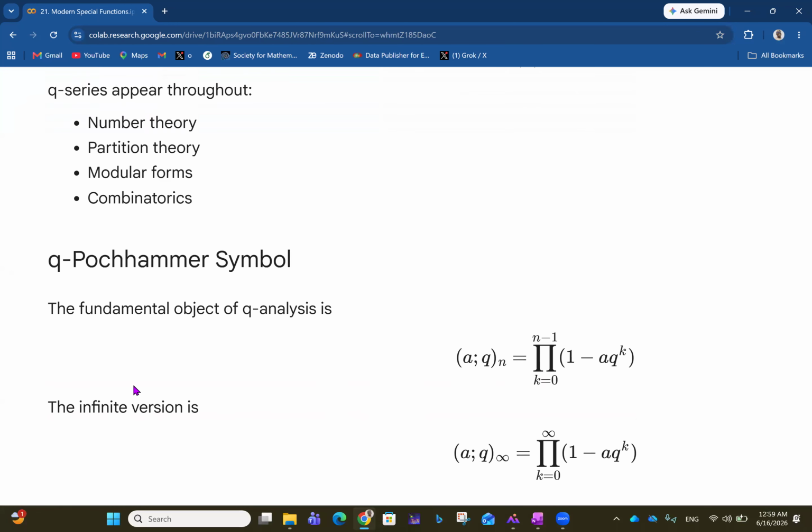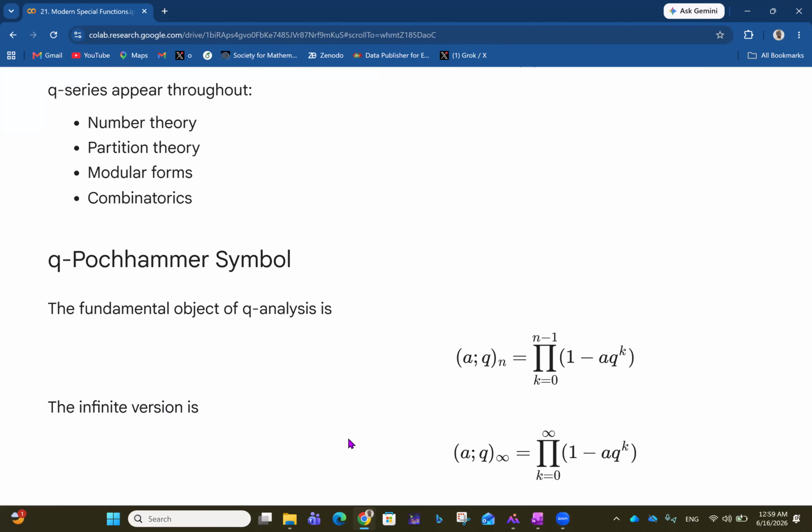The fundamental object of q-analysis is (a;q)_n, which equals the product from k equals 0 to n minus 1 of 1 minus a q to the power k.